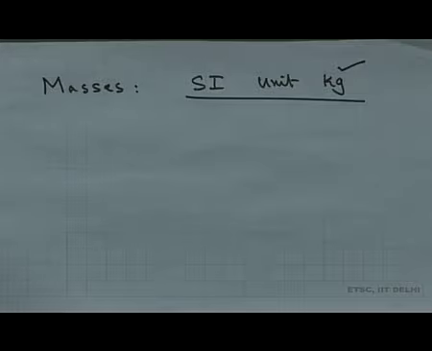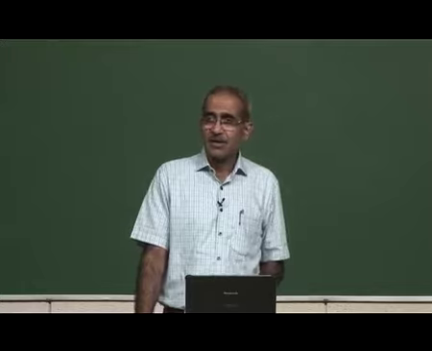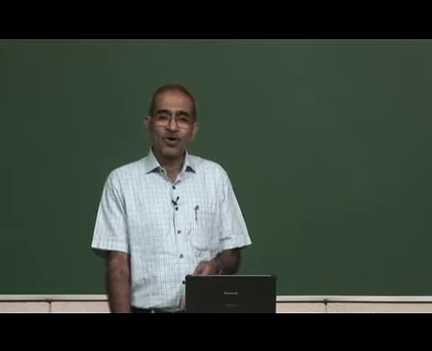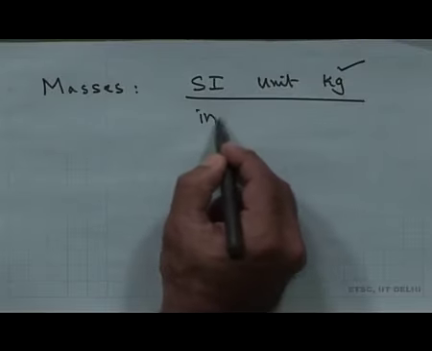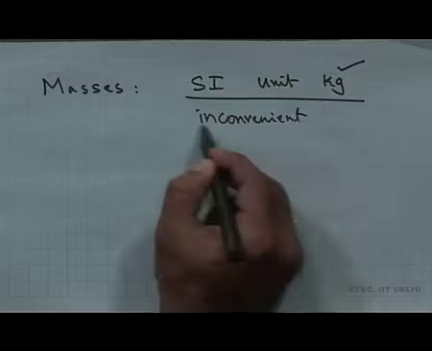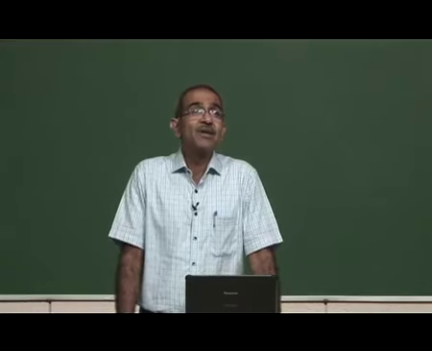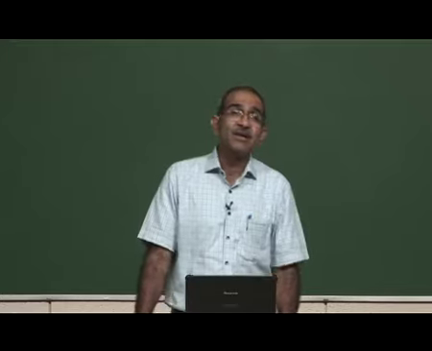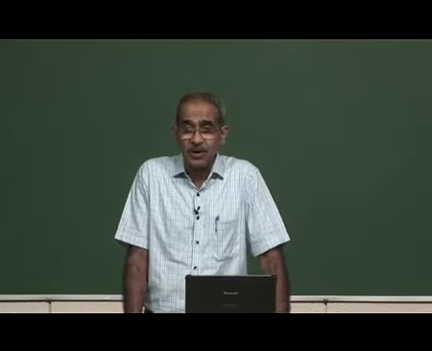But the minute you go to something like atomic scale, when you are looking at elementary particles, or if you are looking at molecules or atoms, electrons, protons, this becomes inconvenient. For example, I do not give you the distance between, let us say, Delhi and Mumbai in units of centimeters. I cannot do that. It is a very inconvenient unit, and probably it is also not a very appropriate unit.